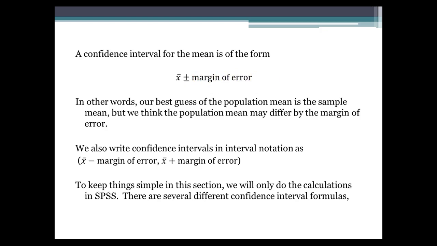We also write confidence intervals in interval notation. We'll write it as x bar minus the margin of error, comma, x bar plus the margin of error. For now, we're just going to look at these in SPSS, and then in the next lesson we'll look at them in StatCrunch.